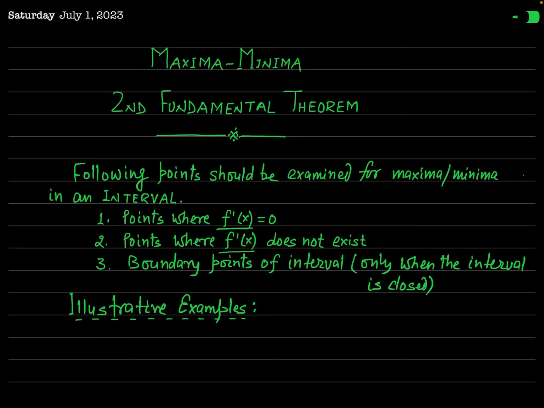Let us say the interval is x belongs to a and b, this is a closed interval, then the maximum or minimum value will be found at the boundary points a and b, and also at the critical points which lie between these two boundaries a and b.